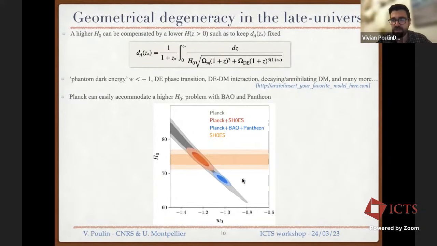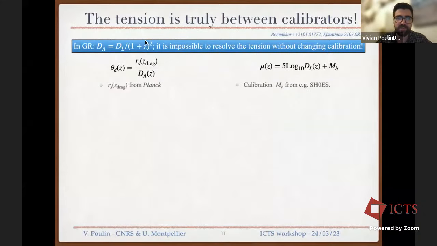This applies to all sorts of modification that you can think of in the late universe. And the reason is really rooted in the fact that in general relativity, there is the angular diameter distance and the luminosity distance. On the one side, the luminosity distance is what is measured by supernovae. On the other side, the angular diameter distance is what you measure when you measure the baryonic acoustic oscillation. Those are connected to each other by the distance duality relationship.